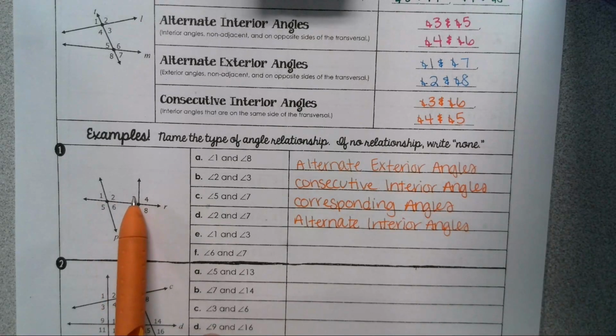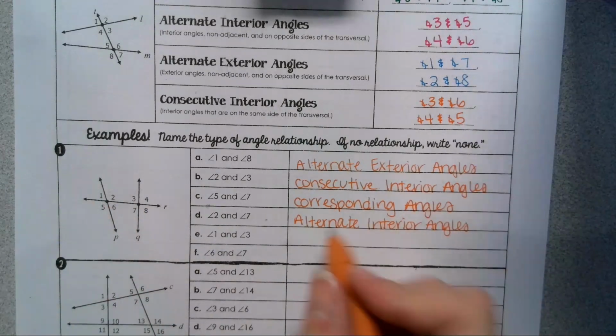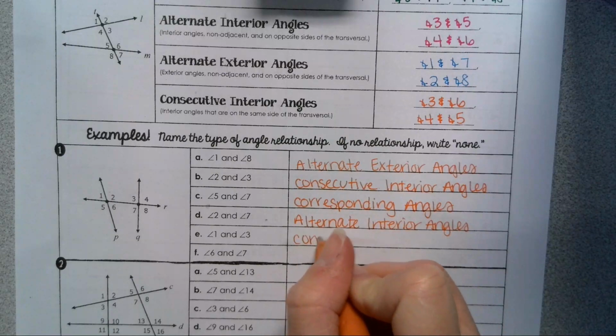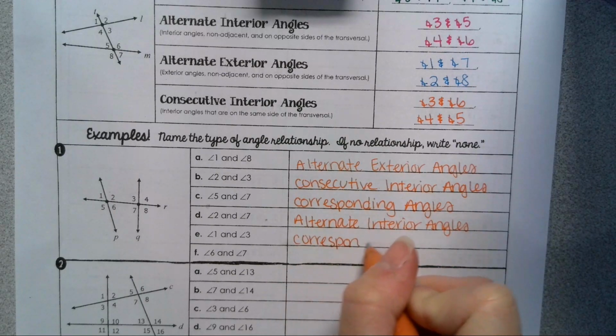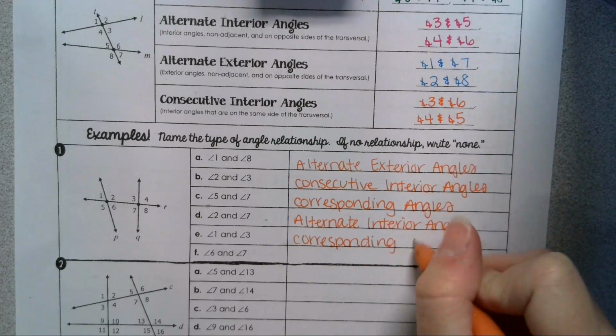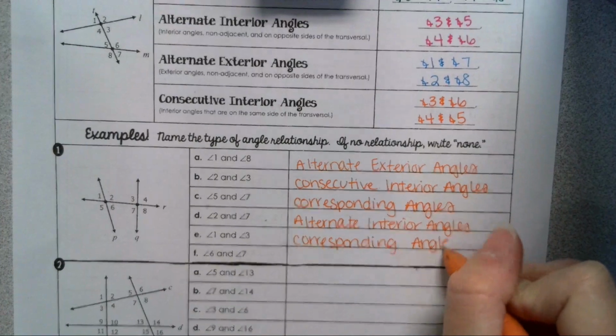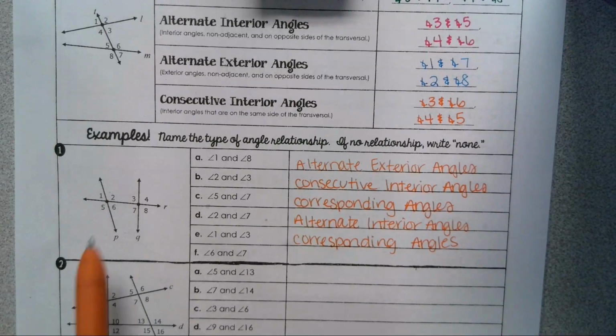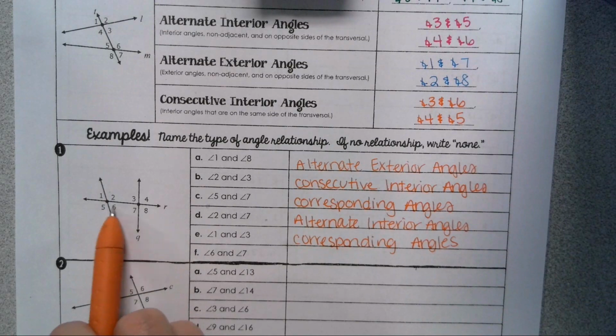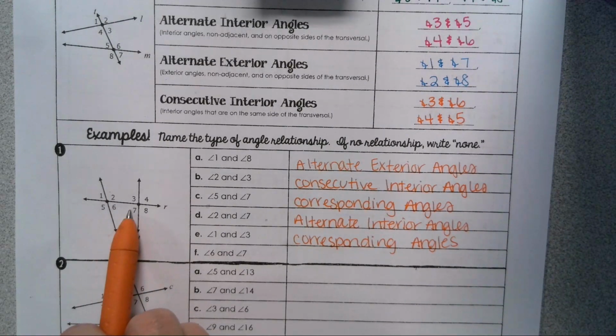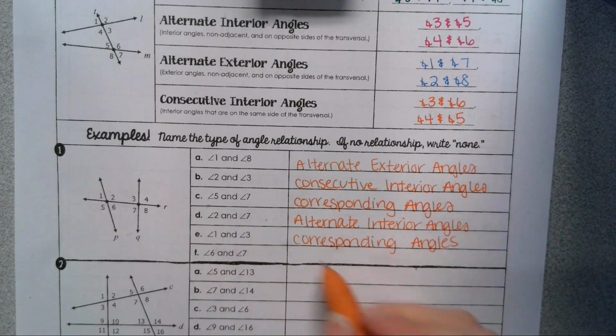They're both in the top left of their angle cluster, so they are corresponding. Last, we have 6 and 7, both on the bottom of the transversal on the same side, both interior, so these are consecutive interior.